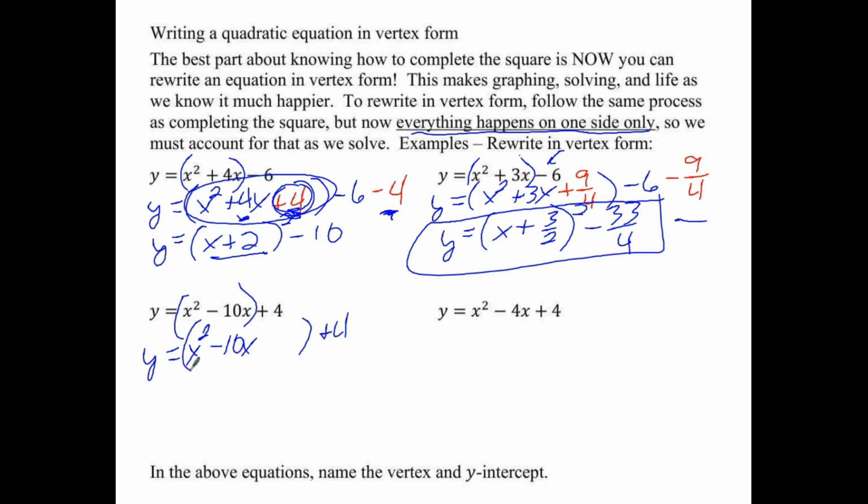Yes, half of b is negative 5, squared is positive 25, so plus 25. And then subtract 25 outside. So vertex form then is? Yes. Don't forget the squared. Minus 21 is right.